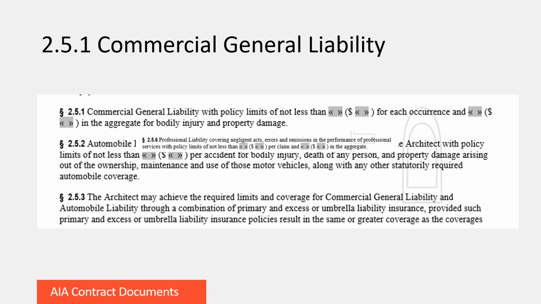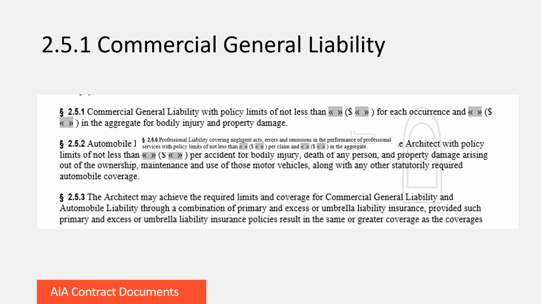So in section 2.5.1, you can see the reference to the architect's commercial general liability policy, but there are two separate blanks referencing an amount for each occurrence and an amount in the aggregate. So there's just some detail that you want to make sure that you're entering the information in the correct blanks so that there's not a discrepancy with the actual insurance coverage that the architect is providing.